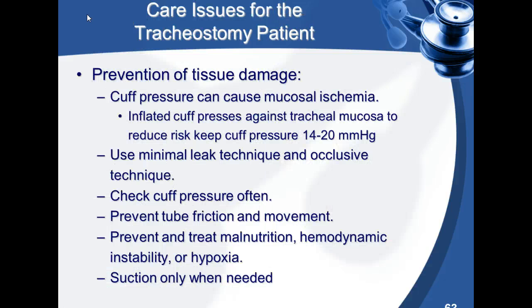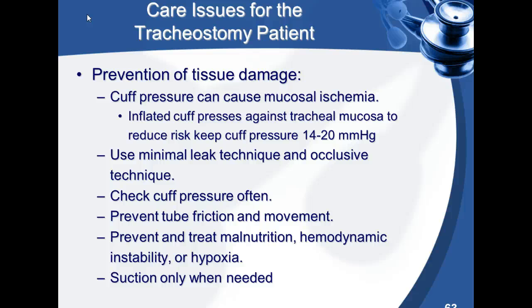Moving on. Care issues for the tracheostomy patient: prevention of tissue damage. Cuff pressure can cause mucosal ischemia, which means lack of blood flow. Inflated cuff pressures against tracheal mucosa; to reduce risk, keep cuff pressure 14 to 20 millimeters of mercury.